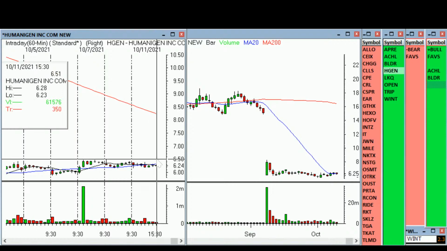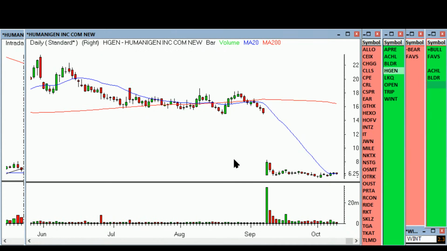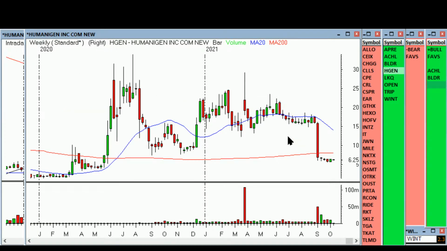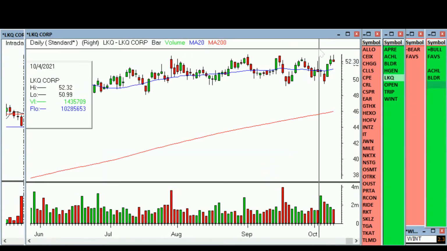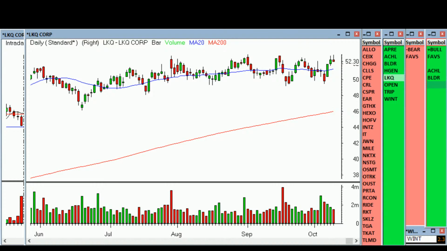HGEN is an hourly base breakout. I don't love it, but I like the daily starting to hook that moving average, starting to point up. Weekly is actually below the 200. It's just an idea, so watch. And then LKQ is the other one that I had a call on today but didn't trigger.